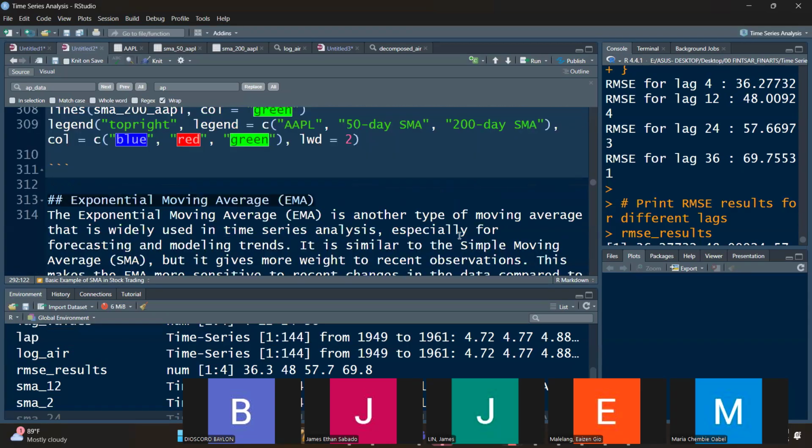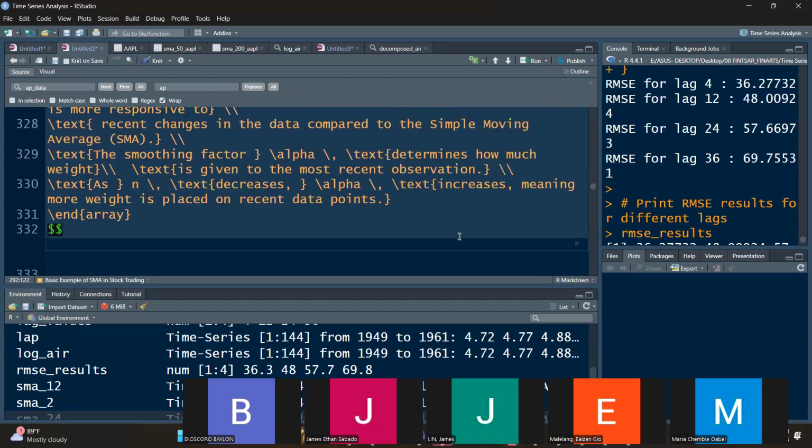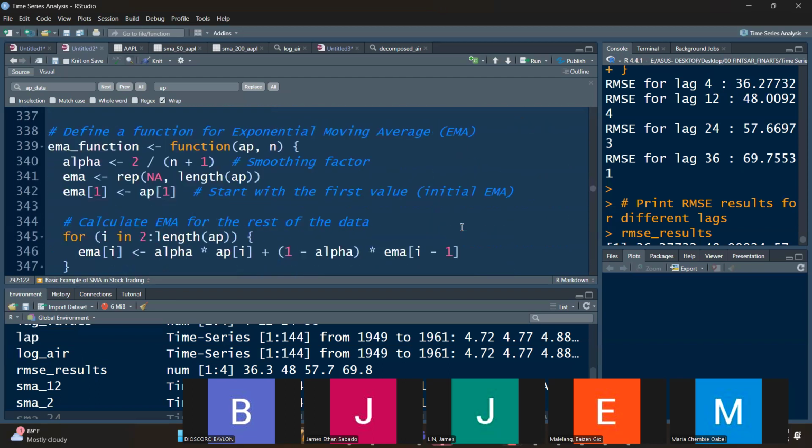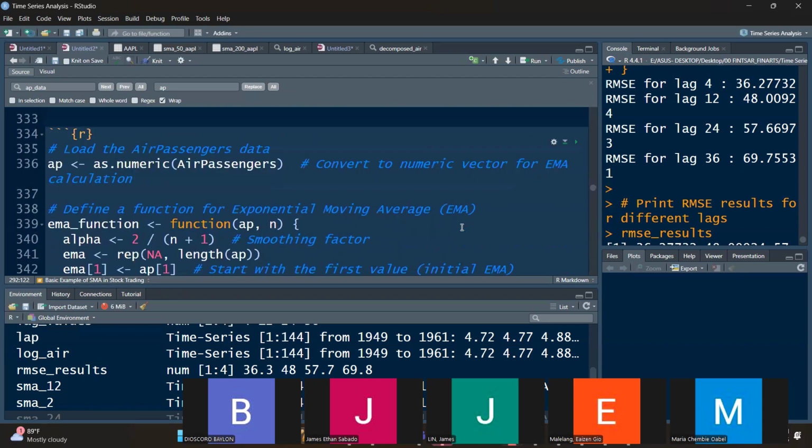All right, now let's go to EMA, exponential moving average. It's practically the same as your SMA, only that the weight that you give to your previous data is not equal. In SMA, simple moving average, it's just equally weighted, 1 over K. So if you're doing SMA 4, then you have the past 4 observations, you add everything, and then you divide by 4.